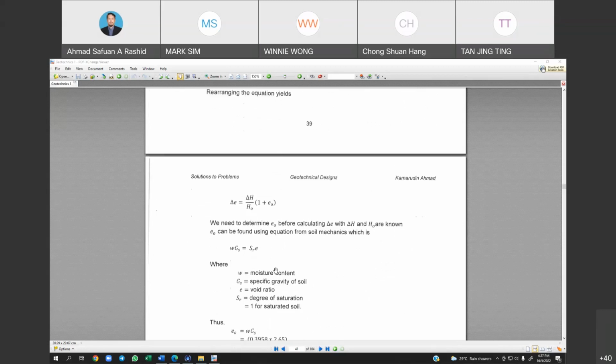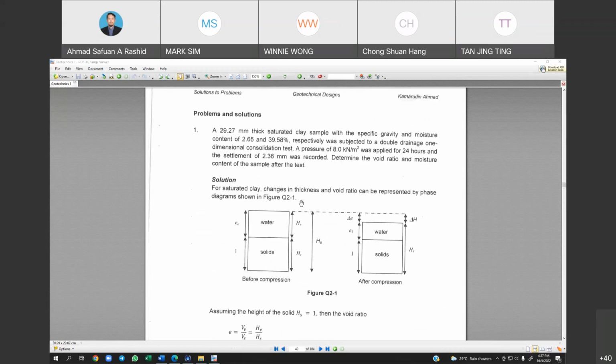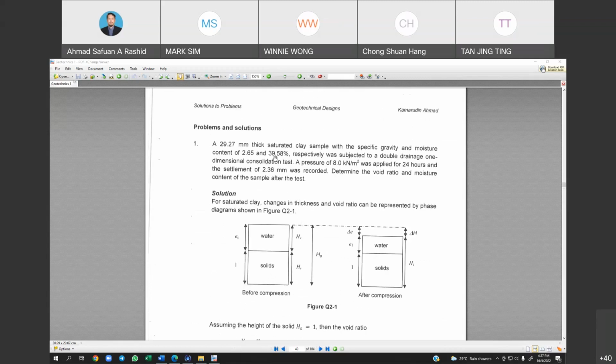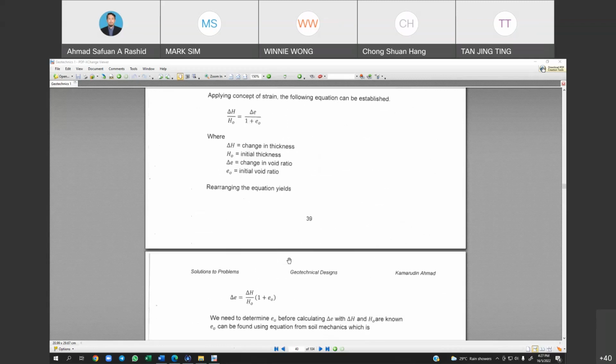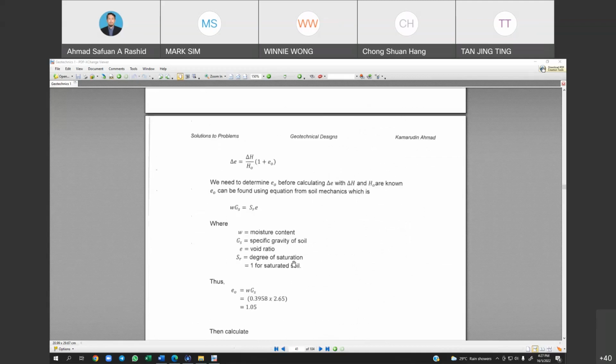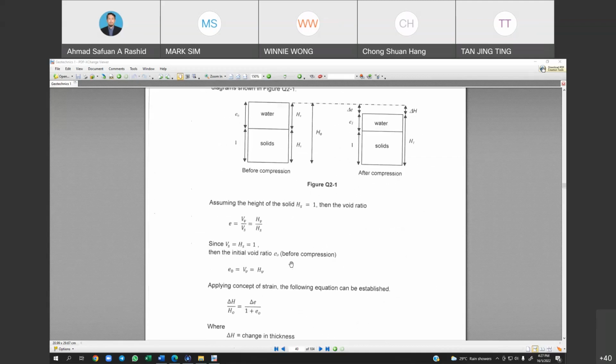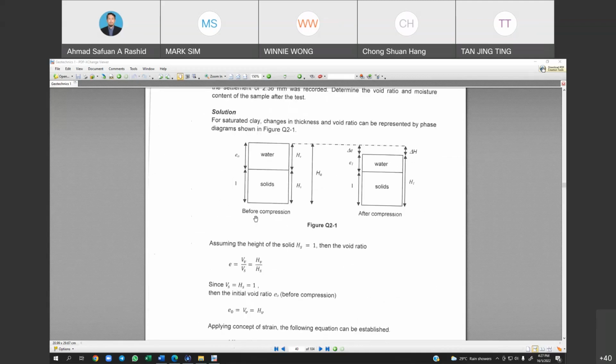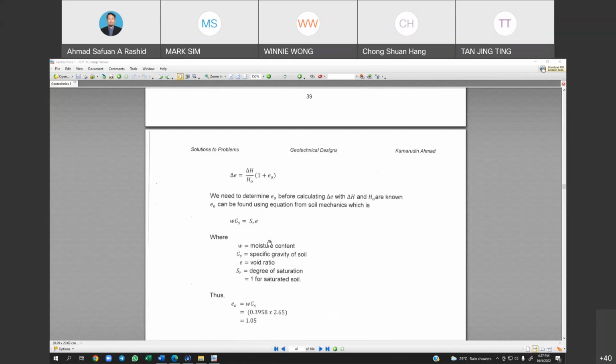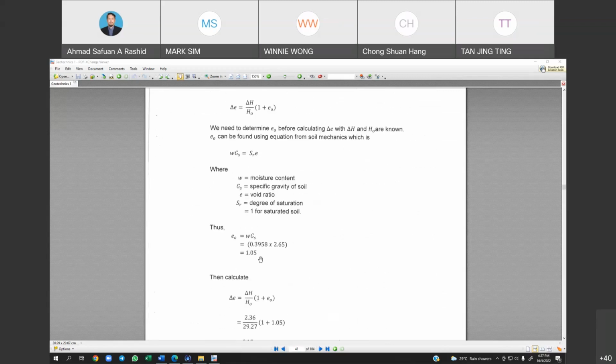In our case, W is equal to 0.3958, the initial moisture content, times the specific gravity 2.65. So we obtain 1.05.